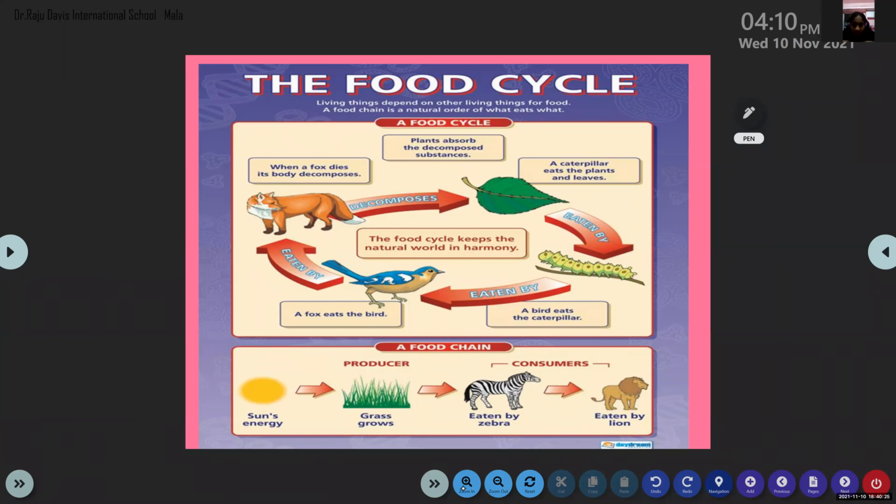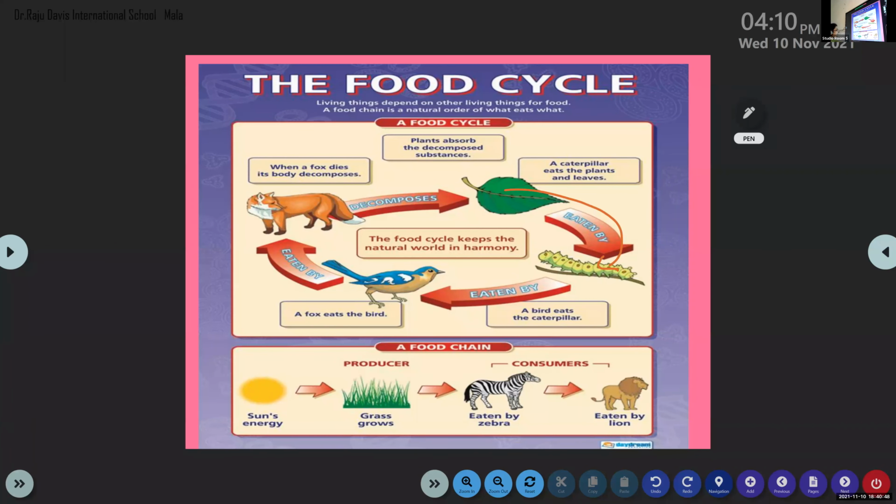Now you can see the leaves and the caterpillar. Another primary consumer. The caterpillar eats the plants and leaves, the caterpillar is eaten by the bird, and the bird is eaten by the fox. The fox after death decomposes, and again the plants will grow.